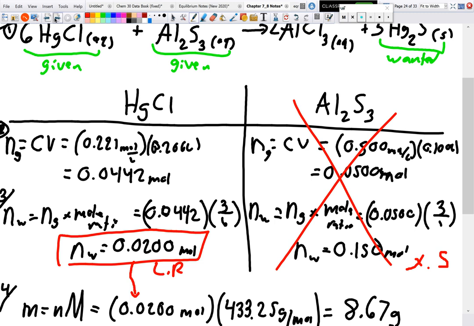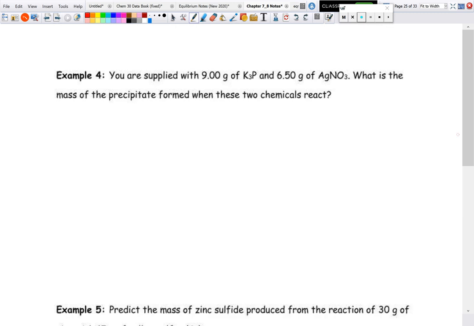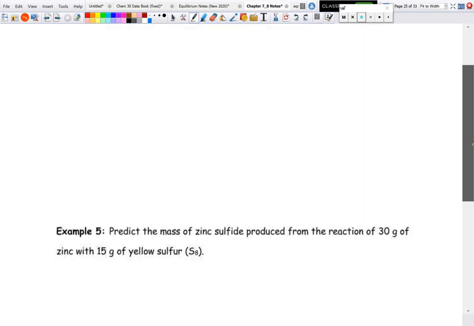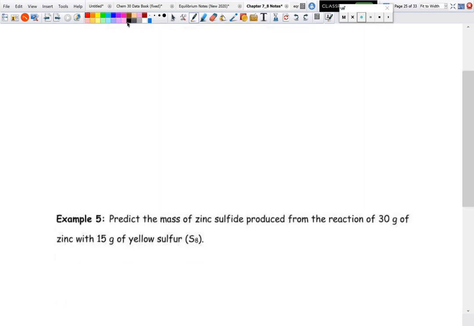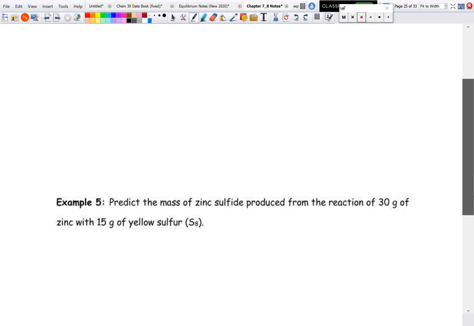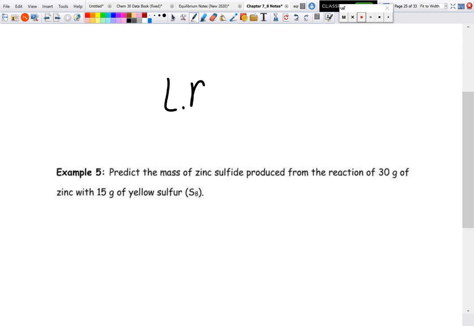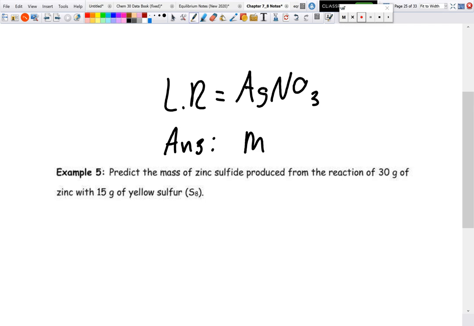Now, as for number 4 and 5, same thing. Even if you look at the answer key that I have posted online, I don't have step by step there, but you definitely want to go through these and see if you can get them. For 4, you should find the limiting reagent should equal silver nitrate, and the answer is mass equal to 4.52 grams.